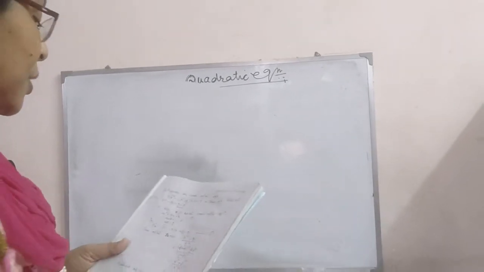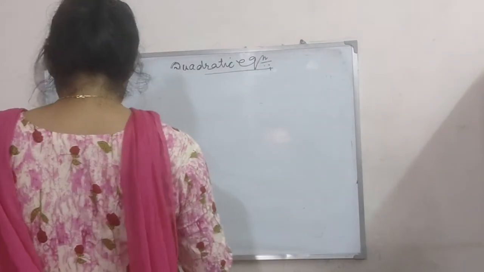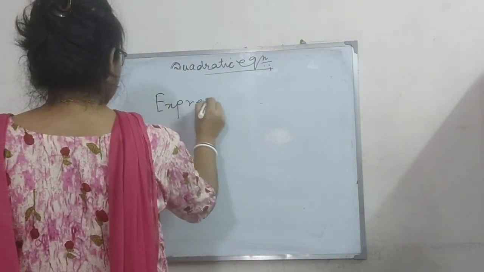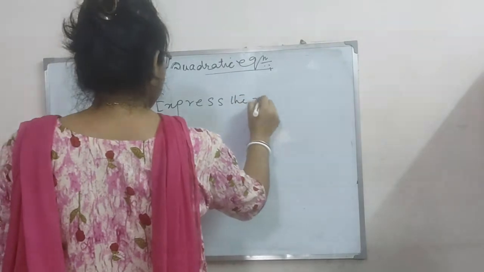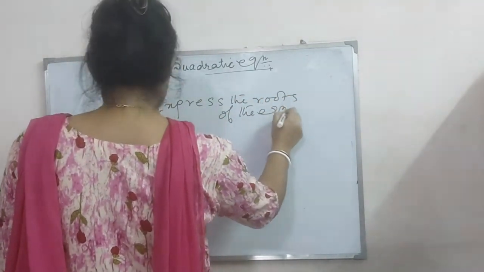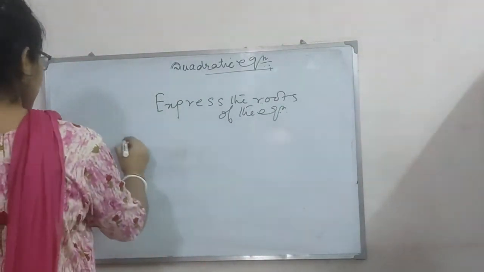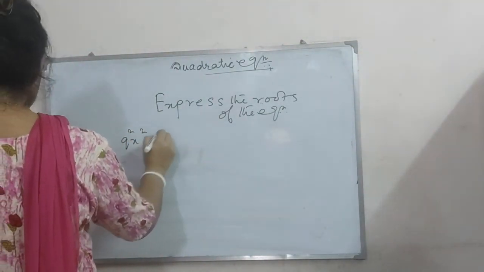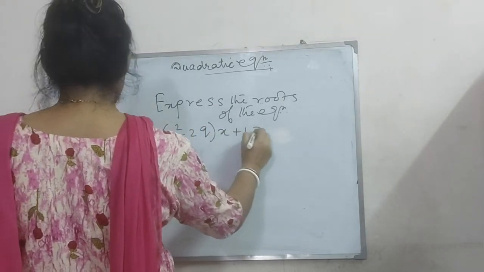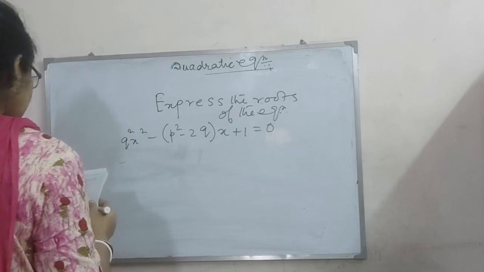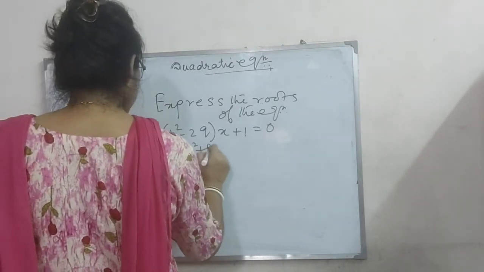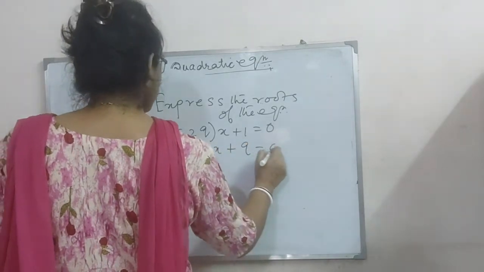Express the roots of the equation q square x square minus p square minus 2q x plus 1 equal to 0 in terms of those of x square plus px plus q equal to 0.